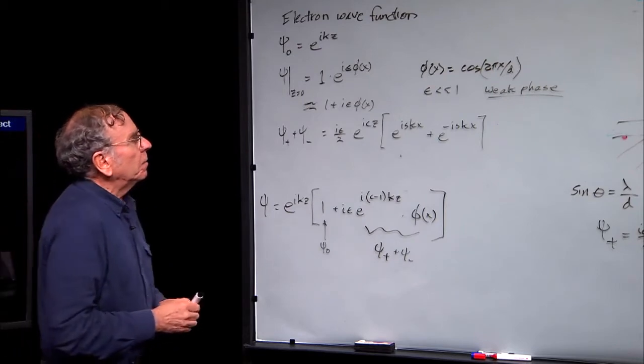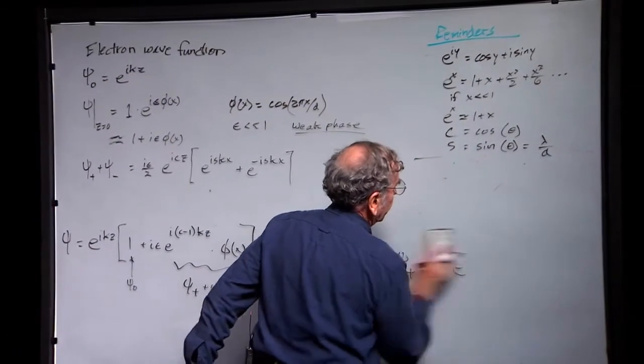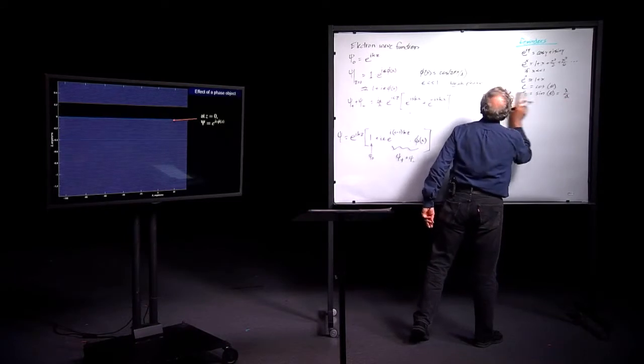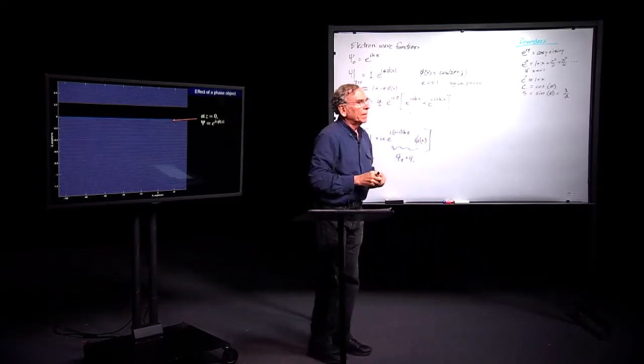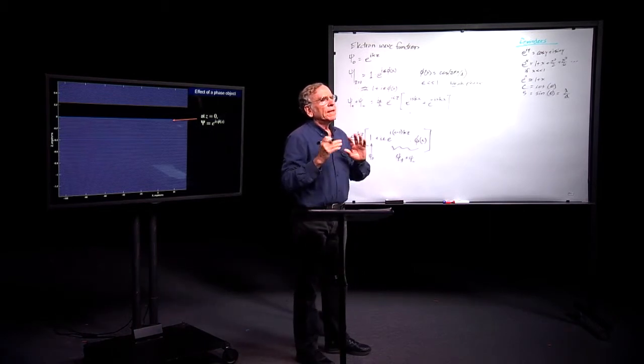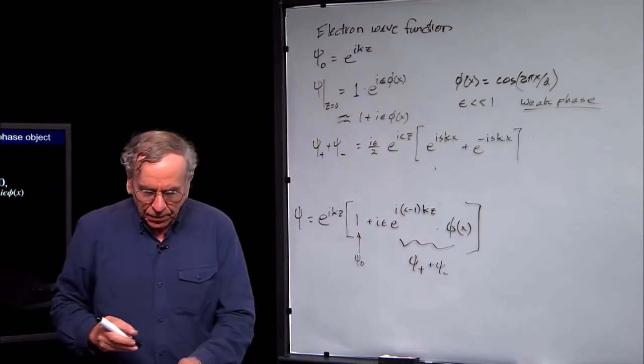Now, we know in quantum mechanics that to find the probability of finding an electron, or the intensity of the electron beam, we compute the squared magnitude of the wave function. So that's what I want to do here.